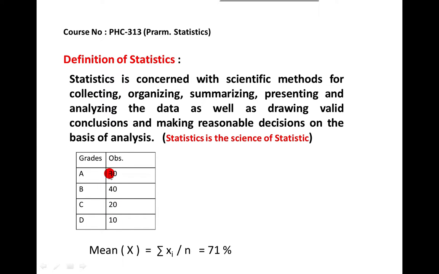If you divide the individual frequency by the total number of observations, here total observations are 100, dividing 30 by 100 equals 0.3. This will be 0.4, 0.2, 0.1, called relative frequency.